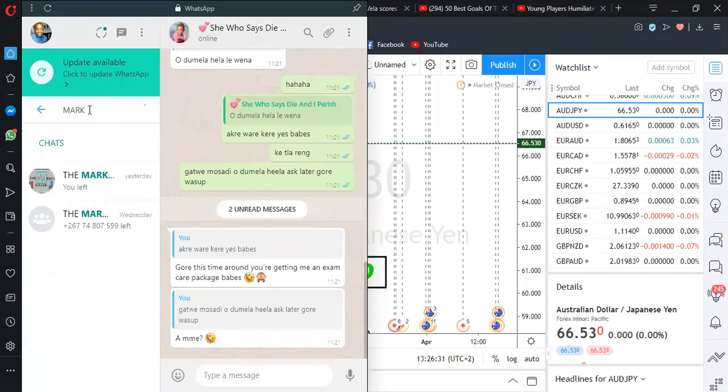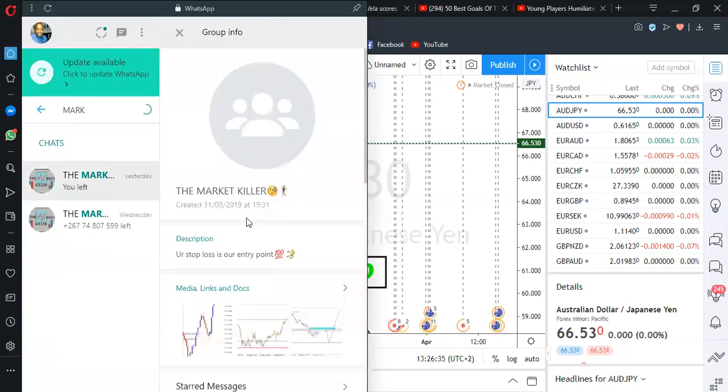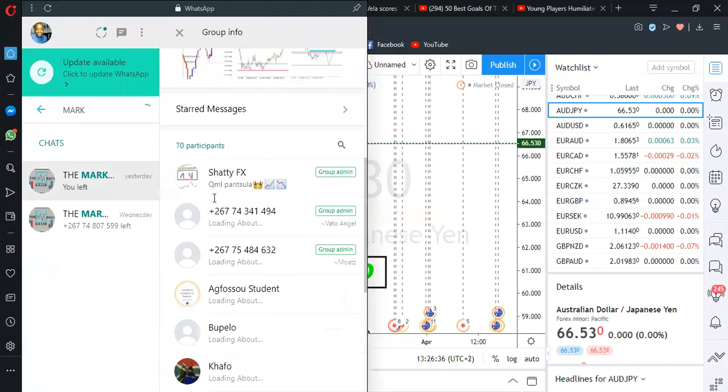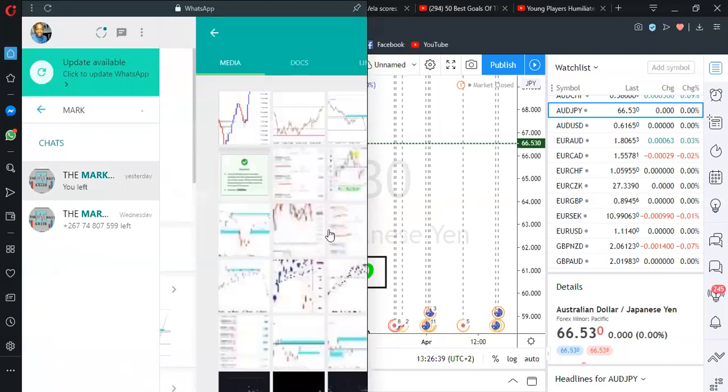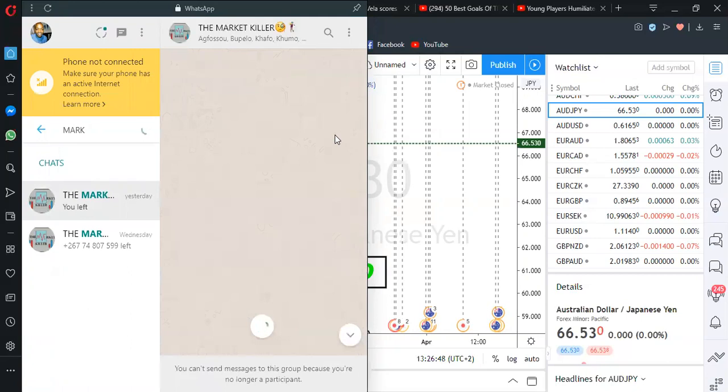You can just come here. I want to show you when I shared these things. Let's go to messages here and then go down here. Okay, let me activate my phone.